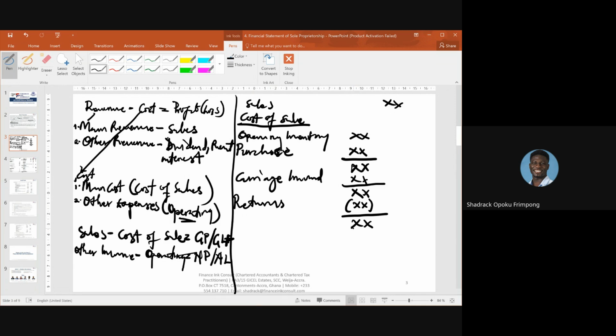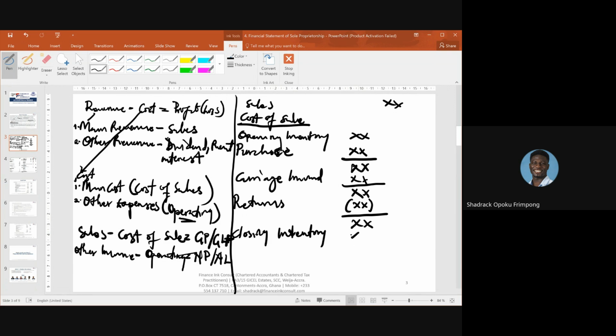Now, most likely at the end of the day or at the end of the period, we might not be able to sell all these products. So what we are going to do is we are going to deduct our closing inventory, the goods that are left, so that we can determine the cost of the goods that has been sold.